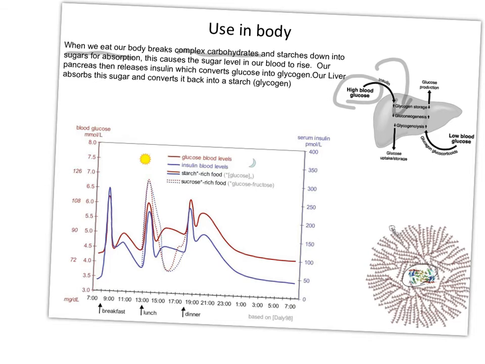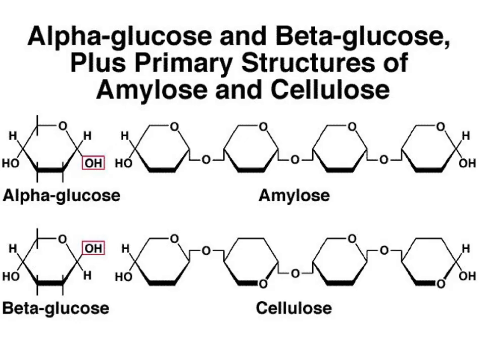And then this glycogen molecule floats around in our blood and then is gradually torn apart, and each of these sugars are used.